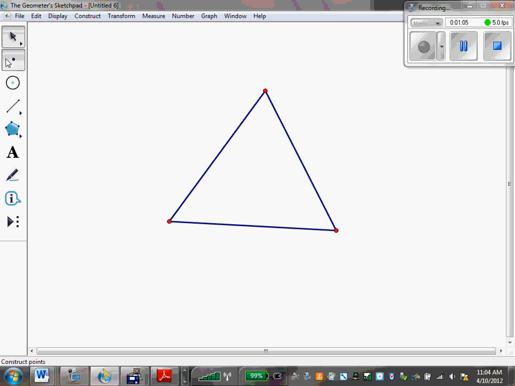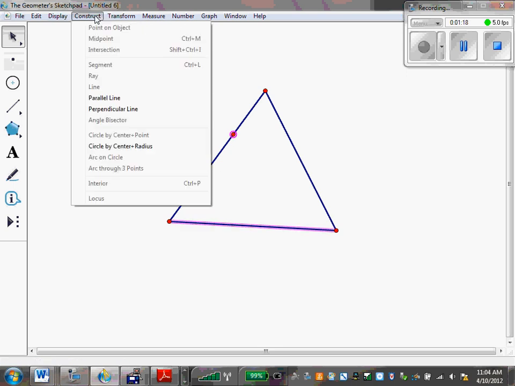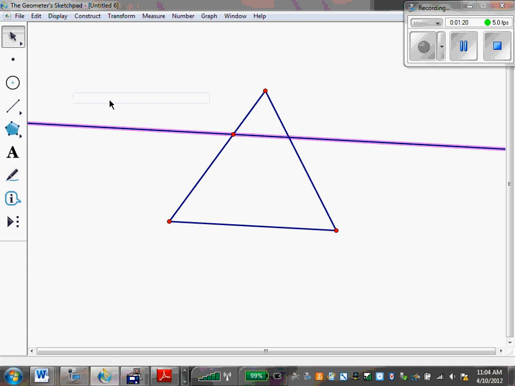So I'm going to put just some point here on this segment. And then I'm going to highlight this side and say construct a parallel line. So now I need to find this other point of intersection on this side over here. And then I need to make this a segment from point to point.